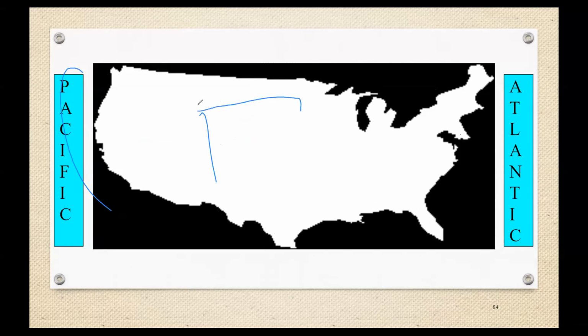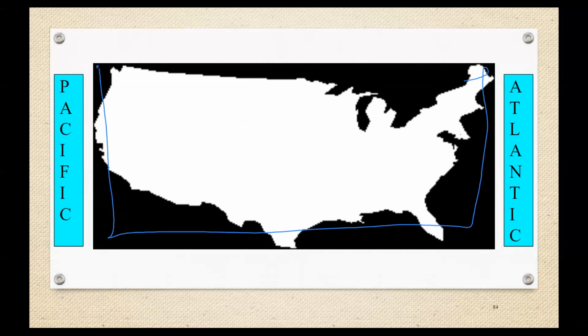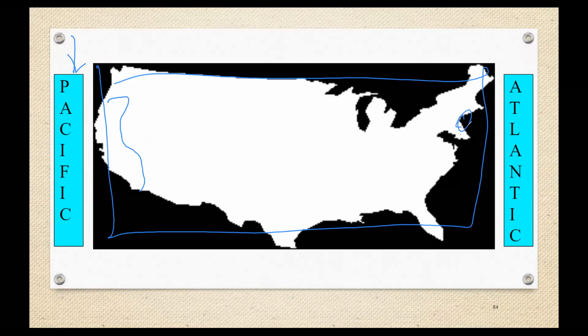We're going to treat that as just one big box. And over here on the left side, we have the Pacific Ocean, near California. And on the right side, near us in New York, we have the Atlantic. In other words, we have a P on the left side, A on the right side, just taking the first letter.